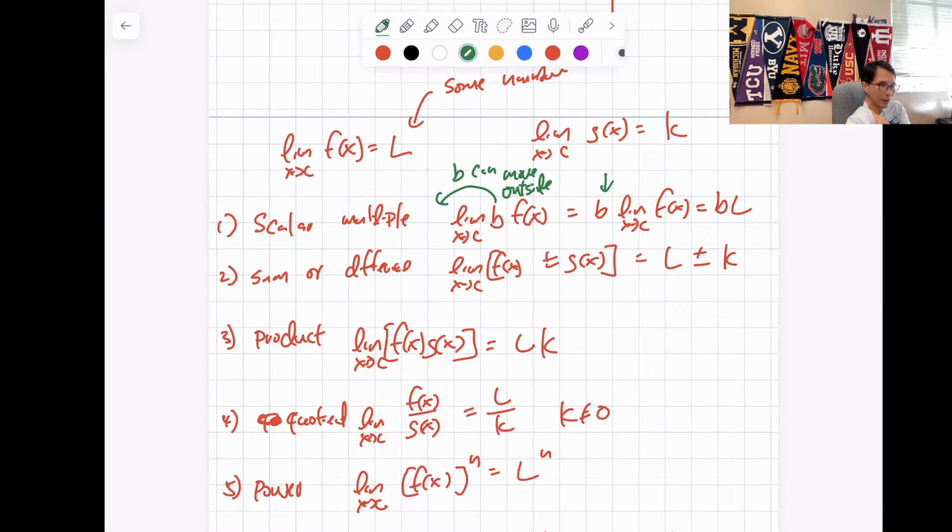You can write it as b times the limit as x approaches c of f of x. So at the end, it's going to be b times L. But the b being outside is a very, very important limit property for you guys to use. You guys are going to use that a lot.